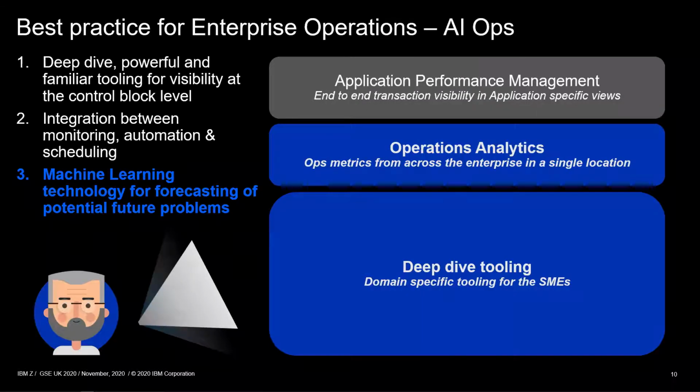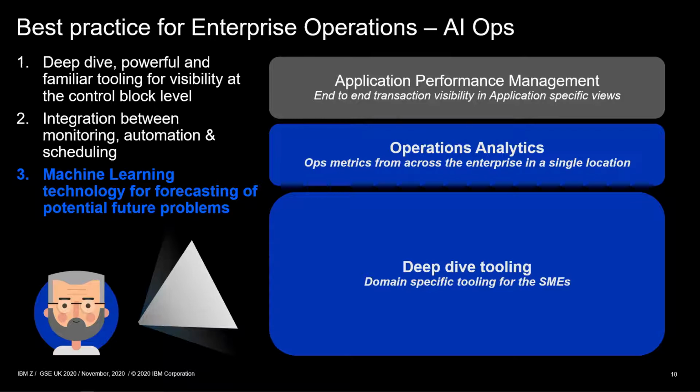So, if we look at a lot of what our SMEs are doing on IBM Z, they're looking at deep dive tooling. They might be using some operations analytics solutions. They have their automation tools, they're monitoring their scheduling. All of those things are still in place. What we're giving these folks is just another great tool in the evolution of operations to be able to look at forecasting potential future problems.